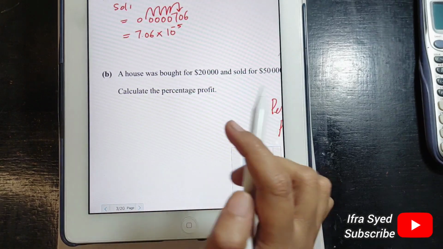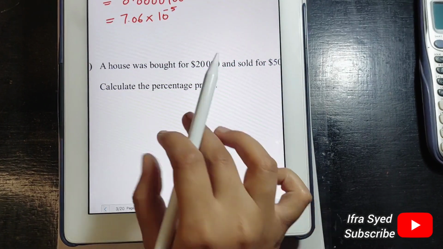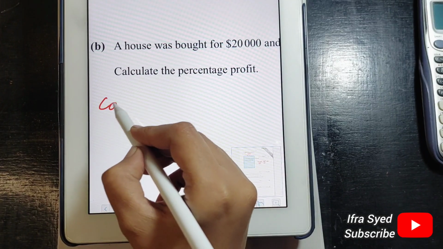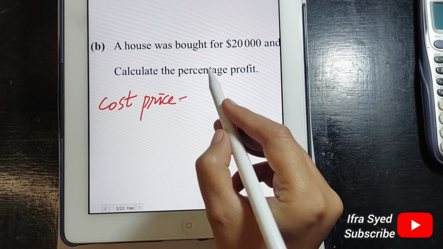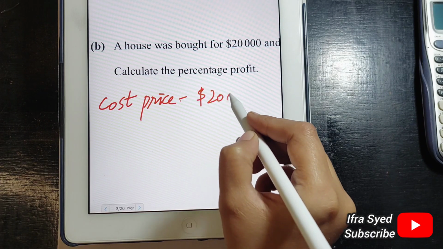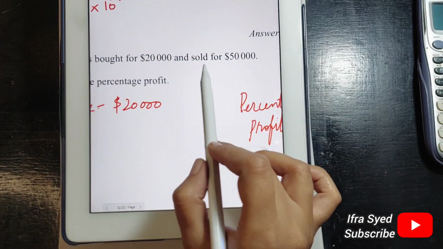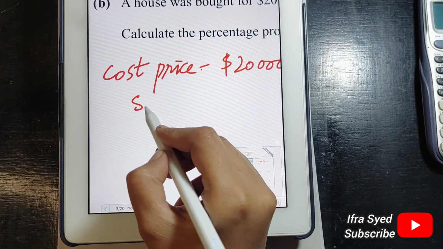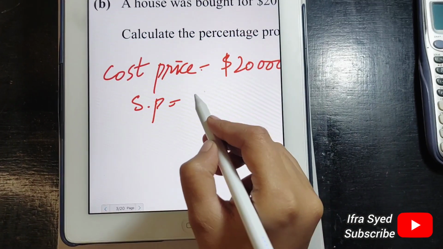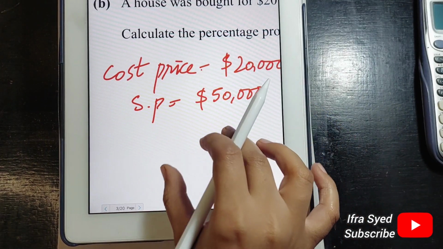In this question we have a house bought for $20,000. So cost price is equal to $20,000, and its selling price is 50,000. So first of all we calculate its profit.